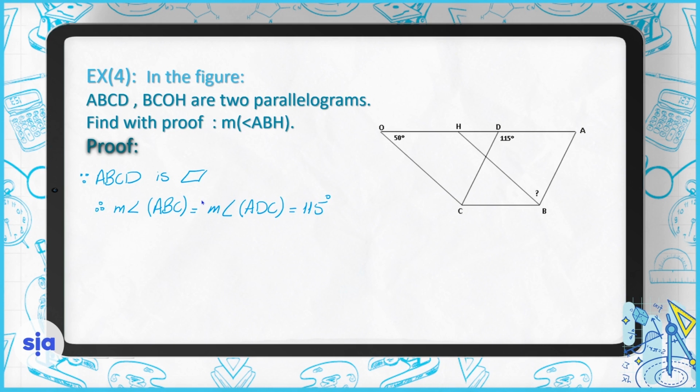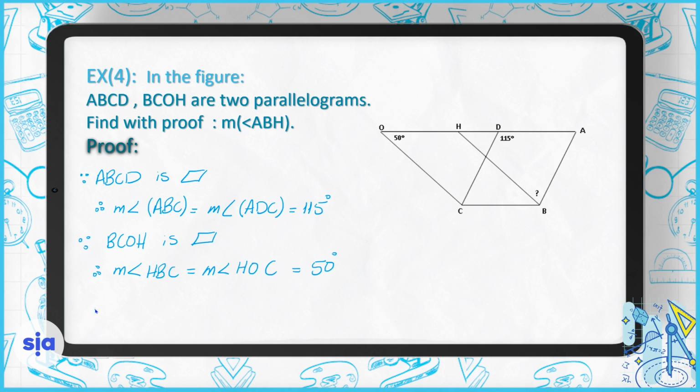And also, since BCOH is a parallelogram, therefore the measure of angle HBC is equal to the measure of angle HOC, which is 50 degrees.